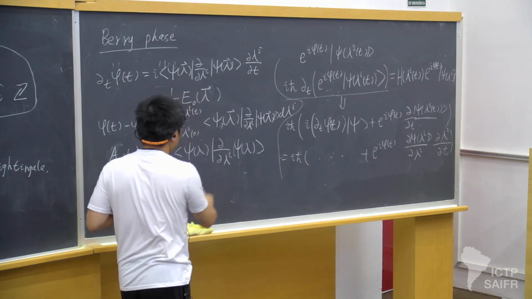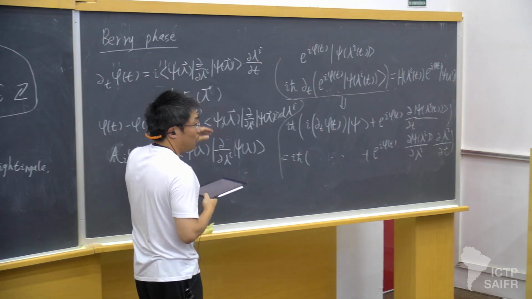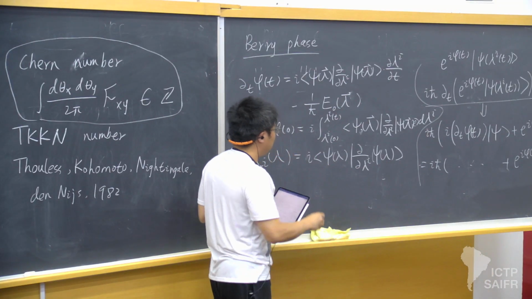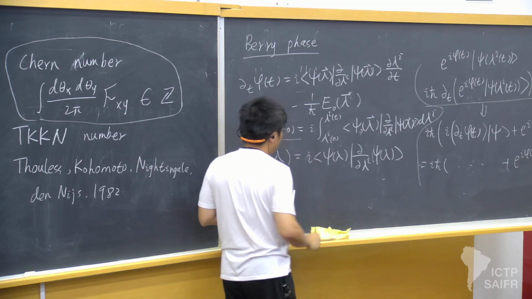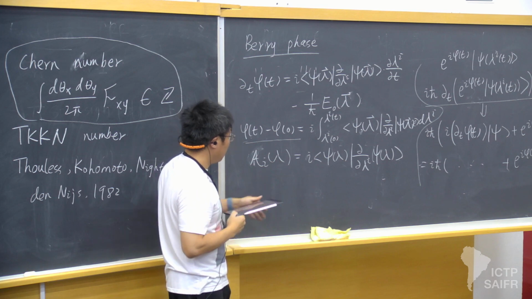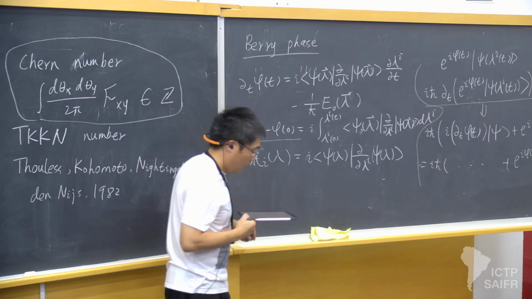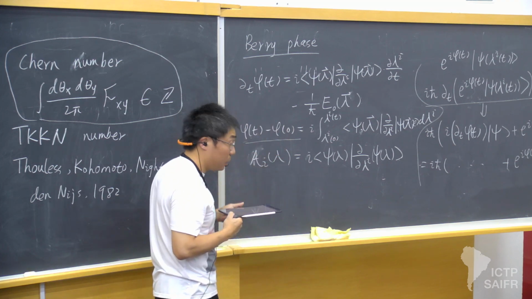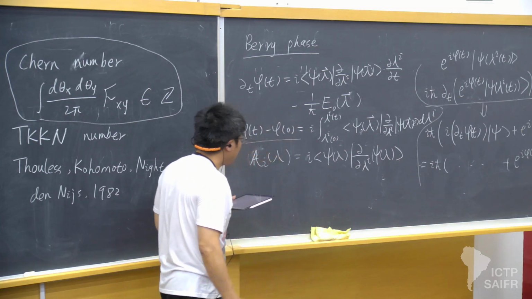The second term is just a trivial term from the dynamics, from the energy. So the phase coming from this evolution is really just an integral of my Berry connection. That's why the Berry connection is very important in the story of the Berry phase.